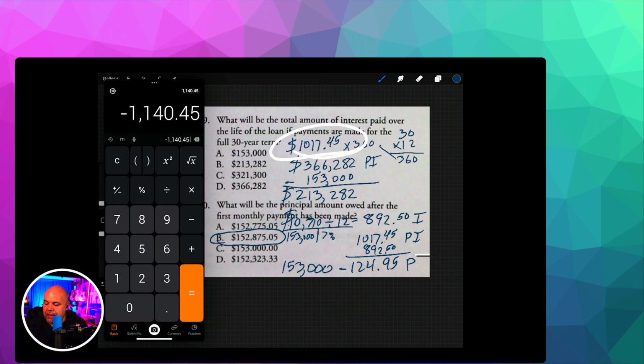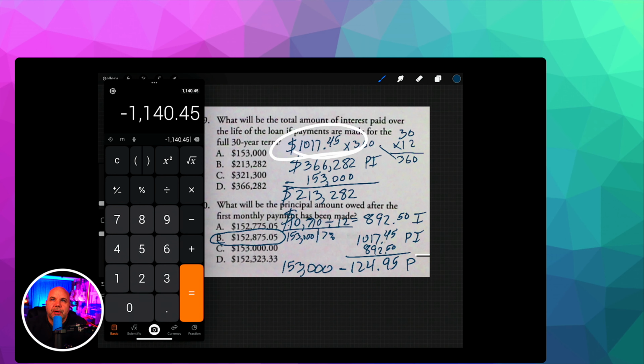Yeah, we got the principal and interest using the loan factor. Then we get the annual interest using the loan amount and the interest rate. Principal and interest minus interest gives us the principal only. How much did that monthly payment drop the principal by? It dropped it by $124.95.